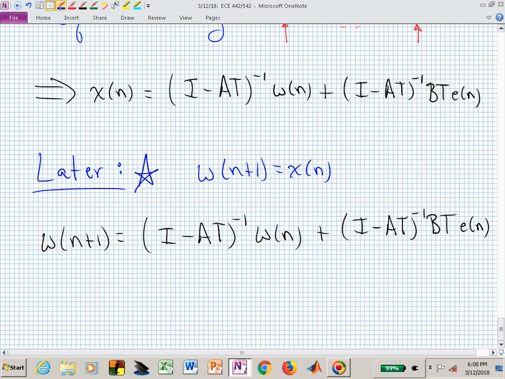Do you see how to now extract or identify the phi matrix? It's what's multiplying little w of n. There's the system matrix in the discrete time backward numerical integration strategy.